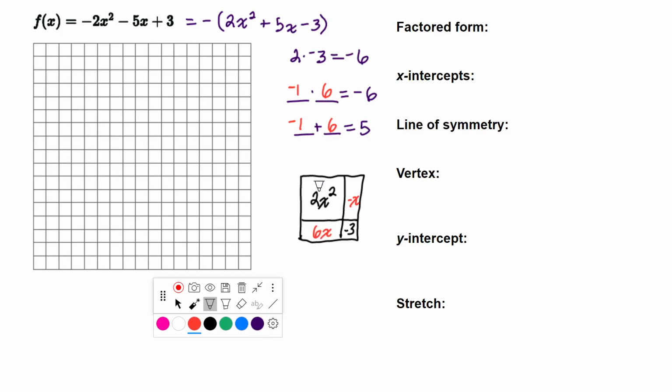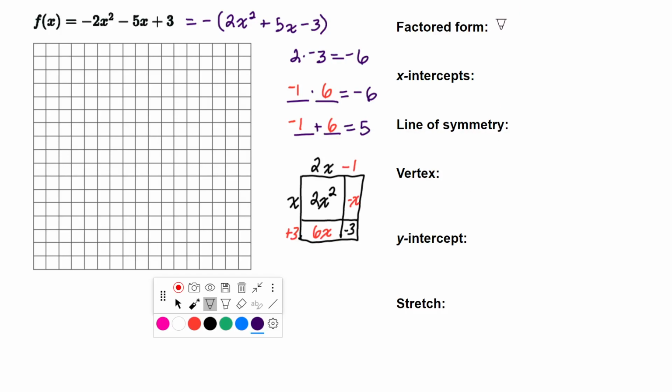So a value that goes into both 2 and 6 is 2. So I'm going to be multiplying 2x with a positive x to get 2x squared. And I'll multiply 2x times a positive 3 to get 6x. Now to get this negative x, I'll take x times negative 1, and then to make sure that it works for our units, negative 1 times positive 3 is negative 3.